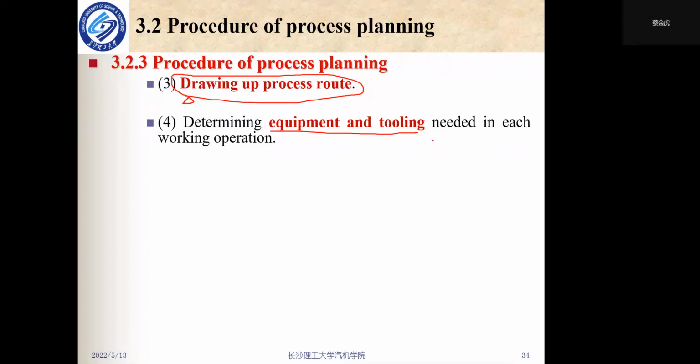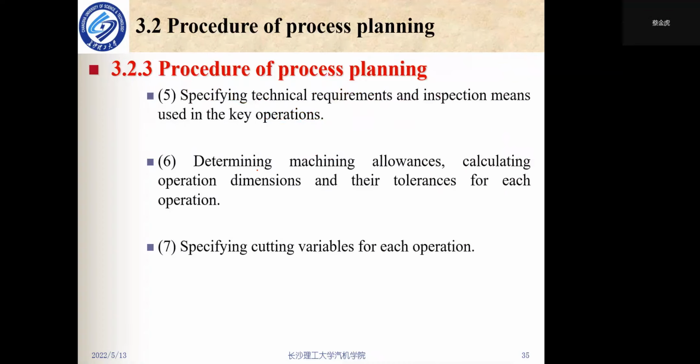As mentioned, the fourth step is determining equipment and tuning needed in each working operation. The next one is specifying technical requirements and inspection means used in the key operation.